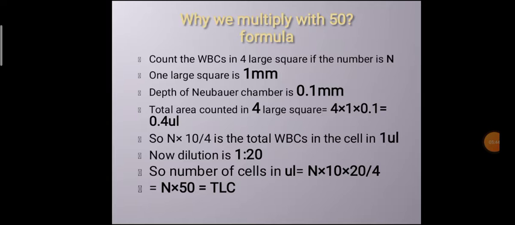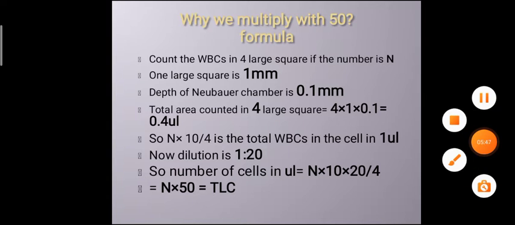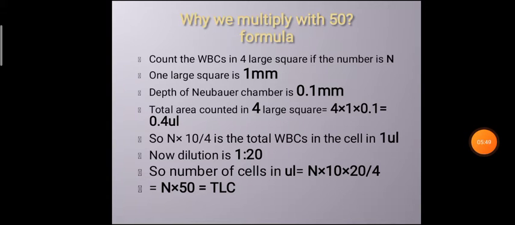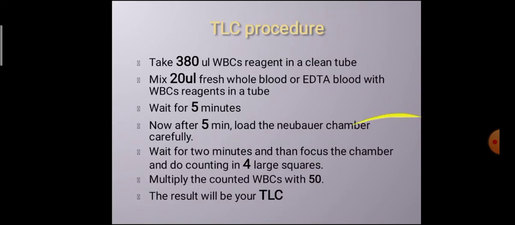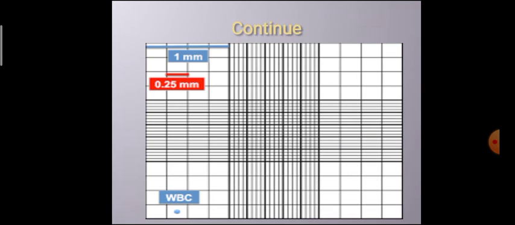Why do we multiply by 50? Very simple. Count the WBCs in 4 large squares, if the number is n. One large square is 1 mm. As I told you, the area of 1 large square is 1 mm, you can see the whole square is 1 mm.